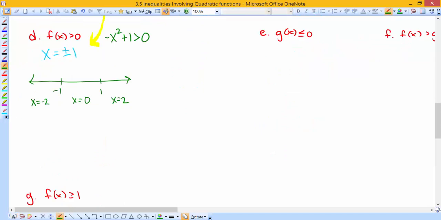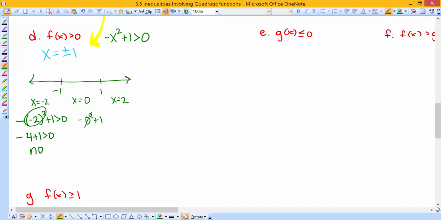Negative was already there, and then it's negative 2 squared plus 1 has to be greater than 0. Do this first. So this is negative 4 plus 1. Is that greater than 0? I hope you're all saying no. Now I'm going to plug in 0. Negative 0 squared plus 1.